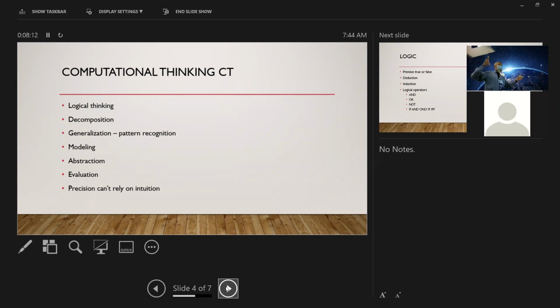Philosophers spend a lot of time talking about logic, and so do mathematicians. And of course, in IT we have the concept of logic gates and logical operators, which we'll talk about in a minute. By the way, I'll put this PowerPoint up on D2L with a lot of other things later.